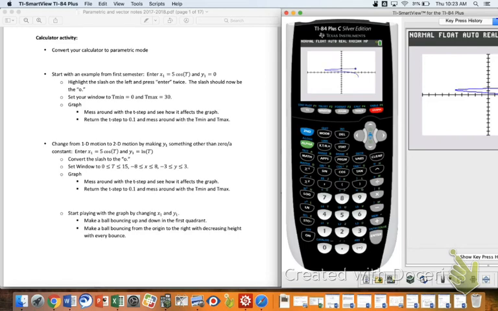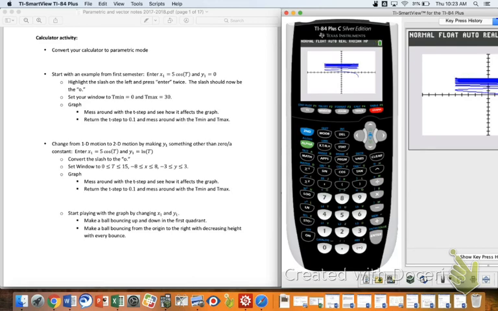Like, it's not passing the vertical line test, is it? Right? So here's where we start to expand our knowledge of what a function is. It's obvious in this case, y is not a function of x. You can see it right there on the graph. But y is a function of t, and x is a function of t.